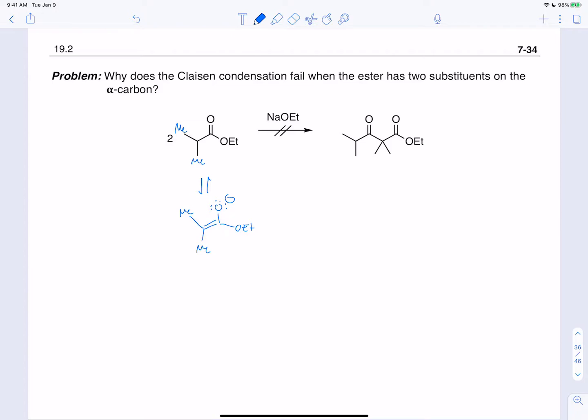And now let's look at what happens when this tries to react with another ester. So we can imagine the attack on this carbonyl, but now we're going to end up making a fully substituted carbon.